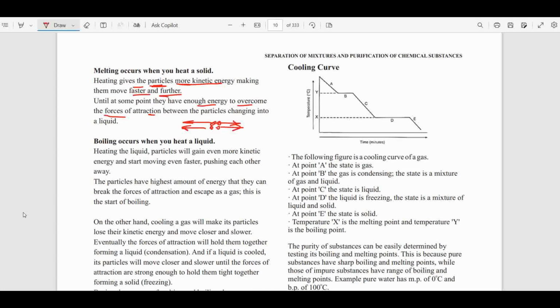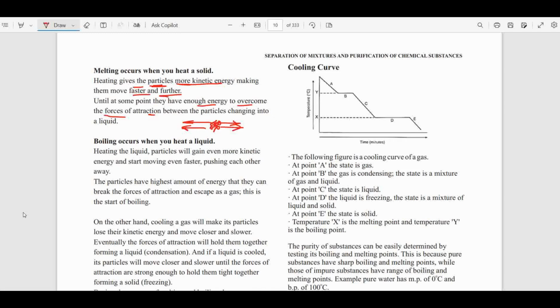It gets to a point where this increase in kinetic energy would make them continue. They will be so far apart that they will no longer remain in that solid state as a result of the increase in kinetic energy of these particles.